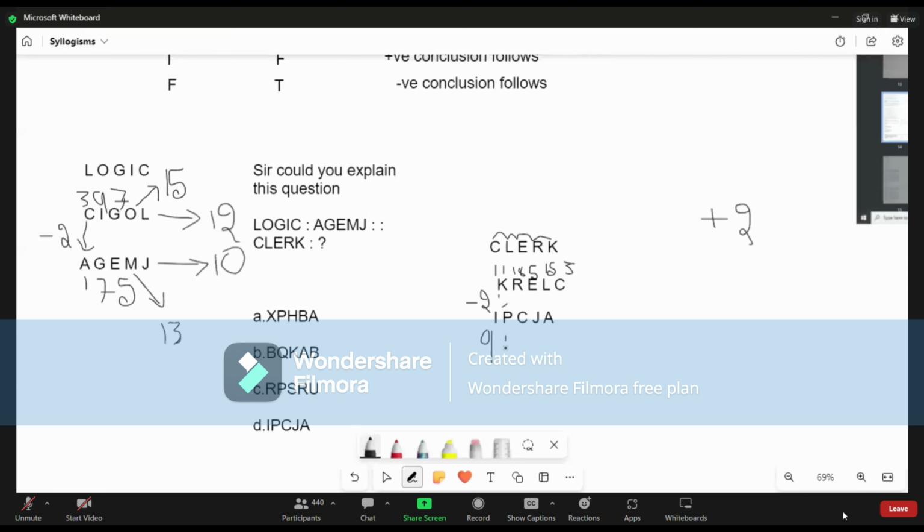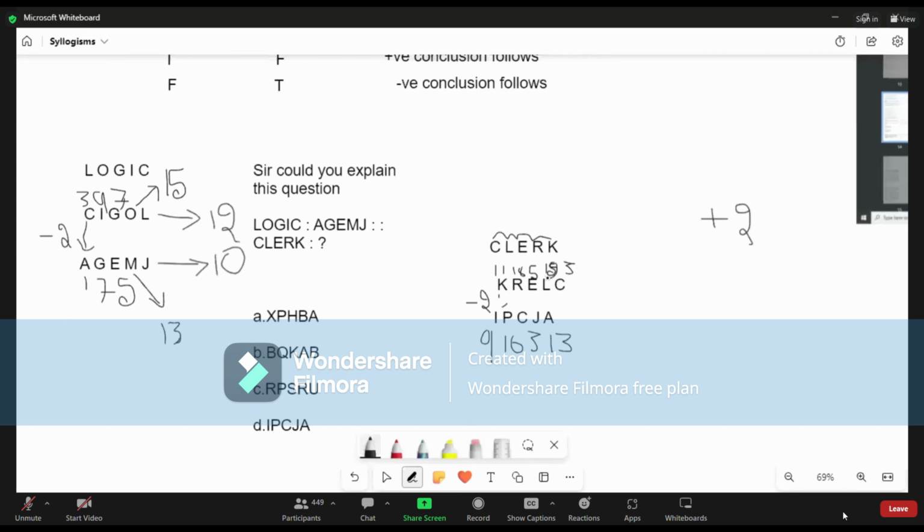Next, 5 minus 2 is 3. Sorry, L is 12, not 15.